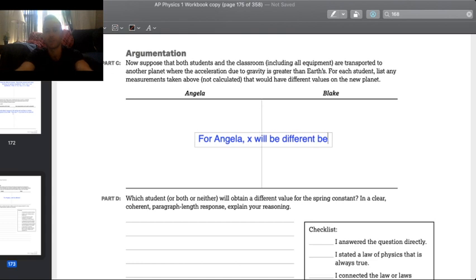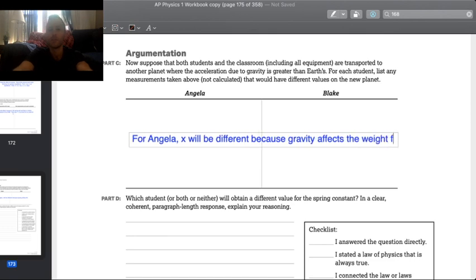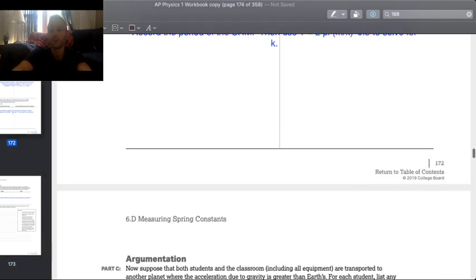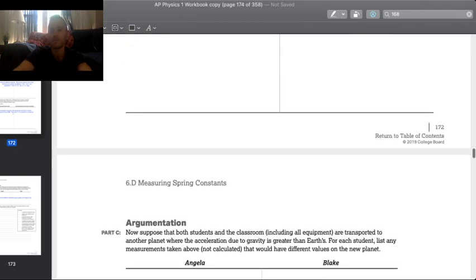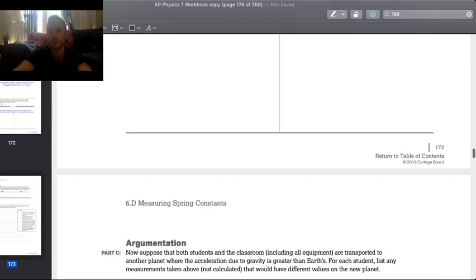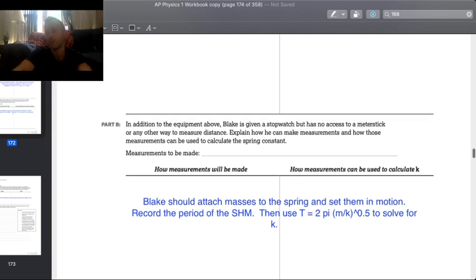Because gravity affects the weight force. So basically, the formula for k depends on g. So gravity is going to mess around with that equation. For the other equation, gravity is nowhere in this equation.